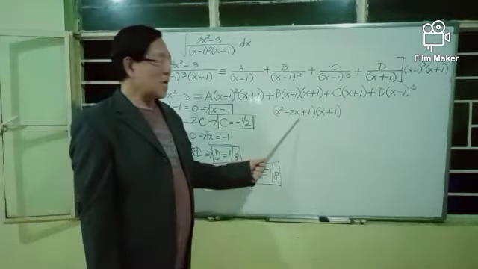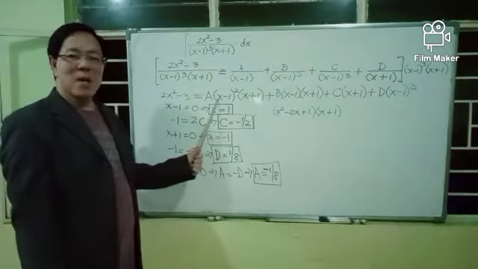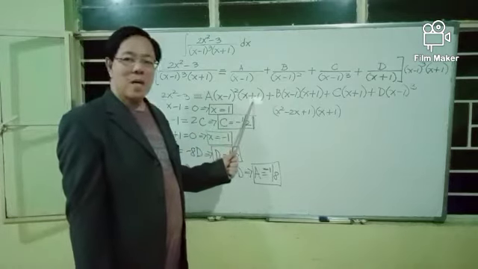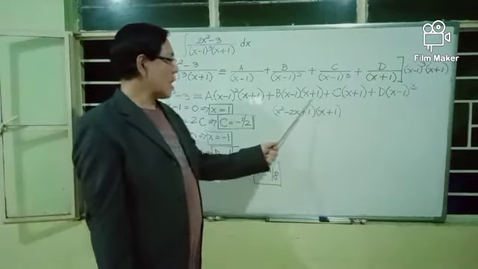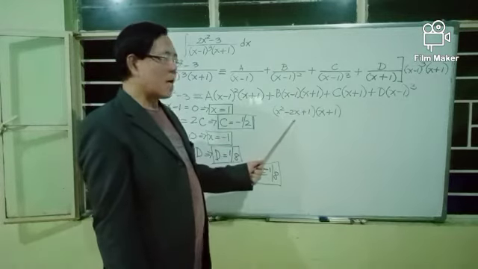x squared minus 2x plus 1 is the expansion of x minus 1 squared multiplied by x plus 1. If you distribute x, you get x cubed minus 2x squared.